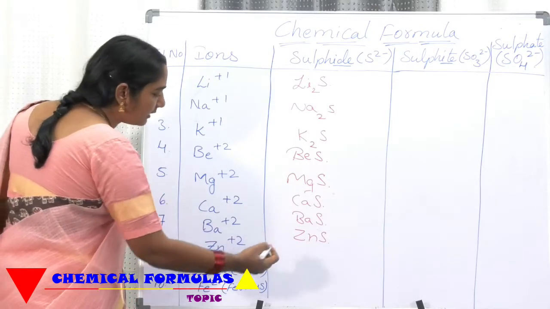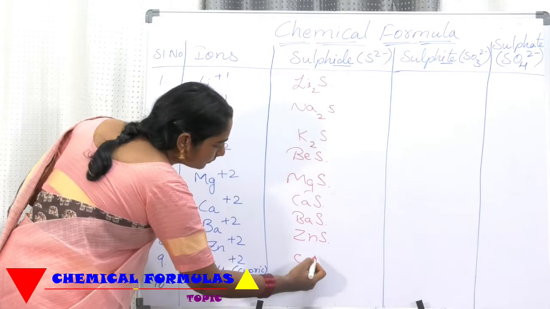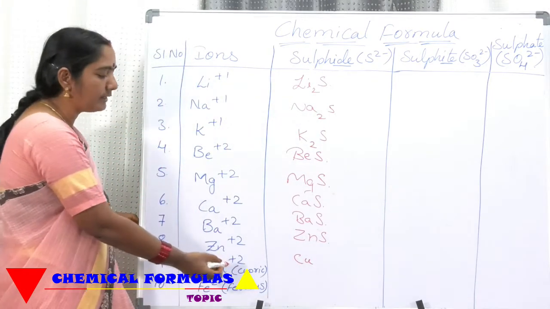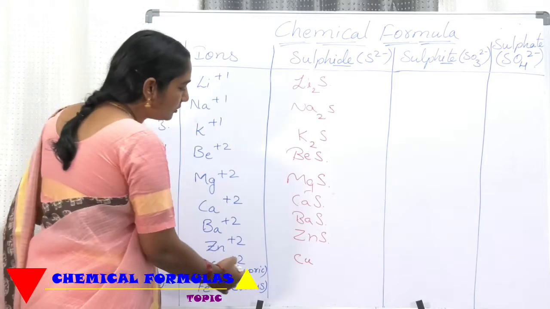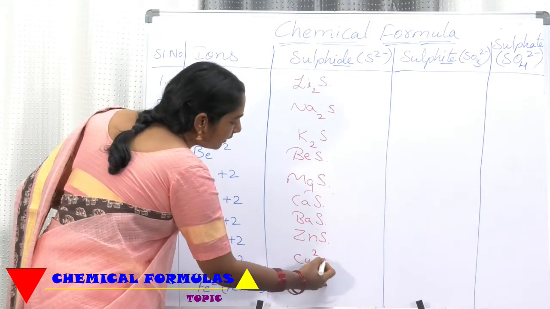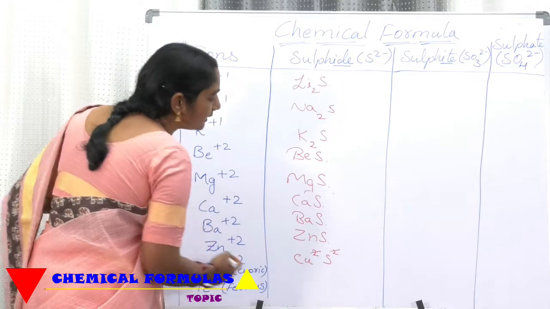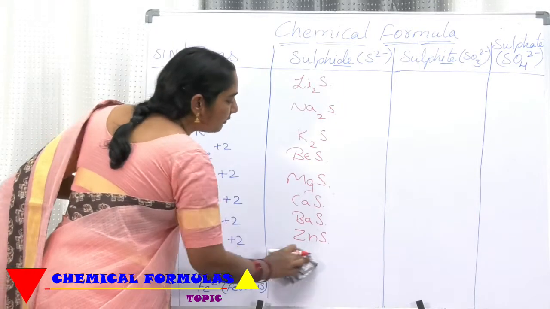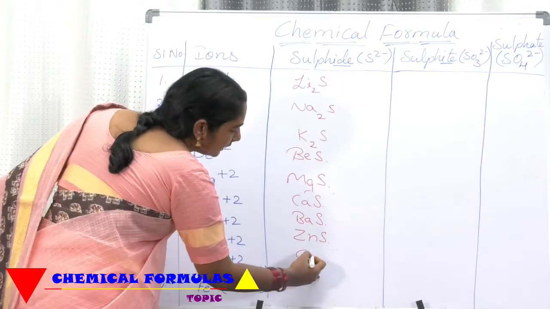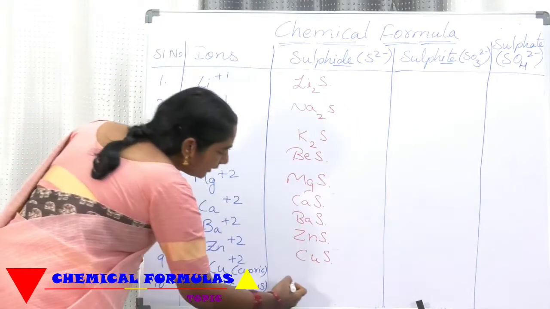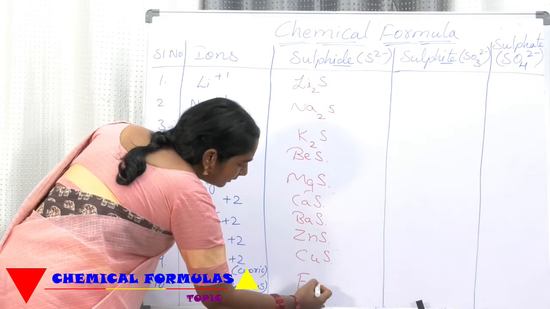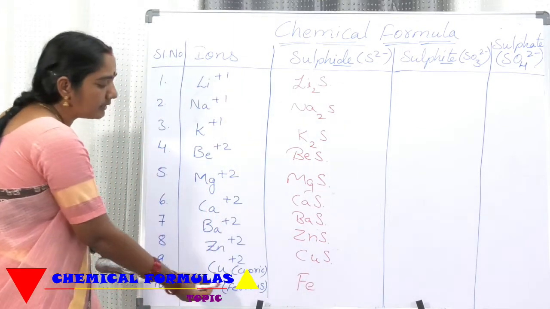Copper sulfide, Cu. See here the meaning of copper is cupric. We are using this cupric. So Cu, that is 2 valency, sulfide 2 gets cancelled. Copper sulfide means CuS. Iron sulfide, Fe. Here iron means ferrous.